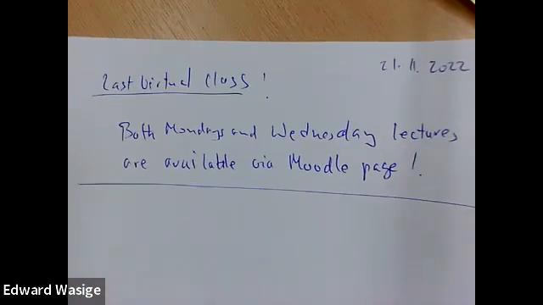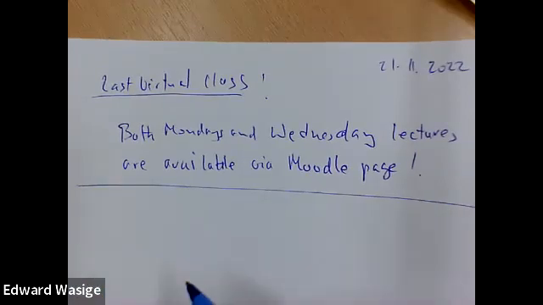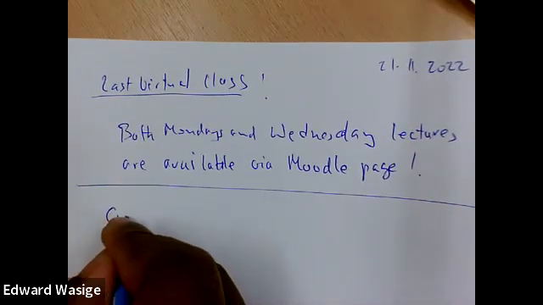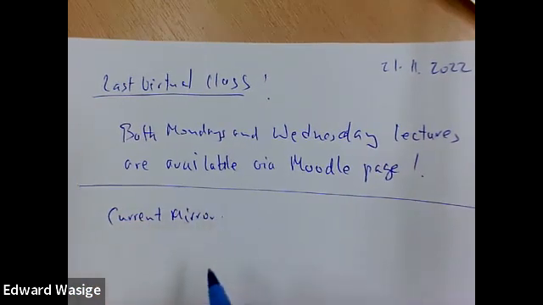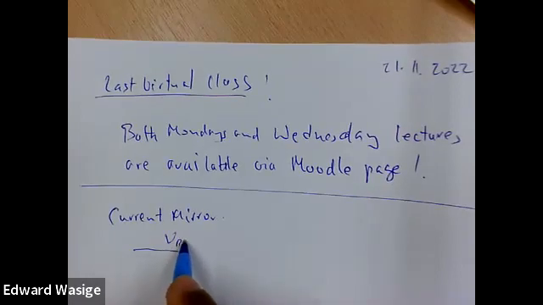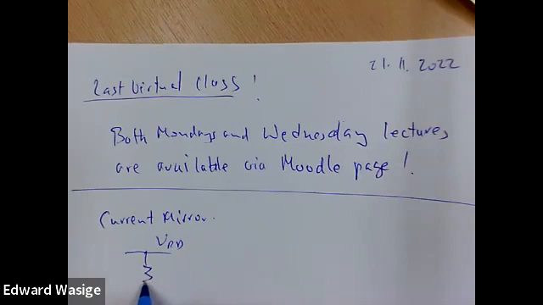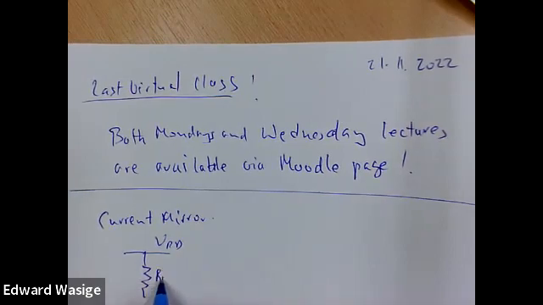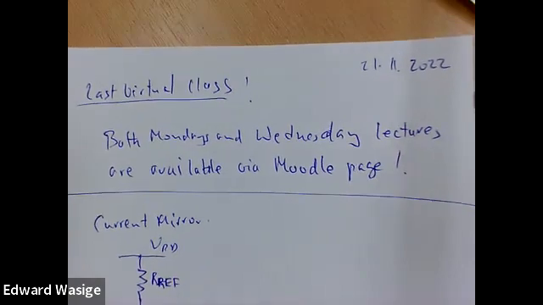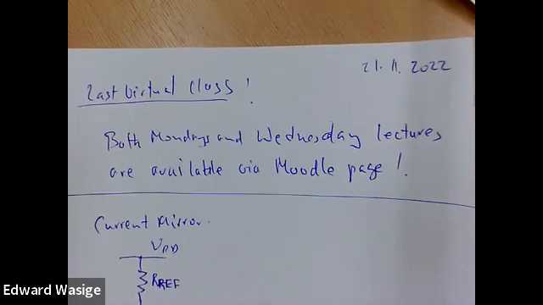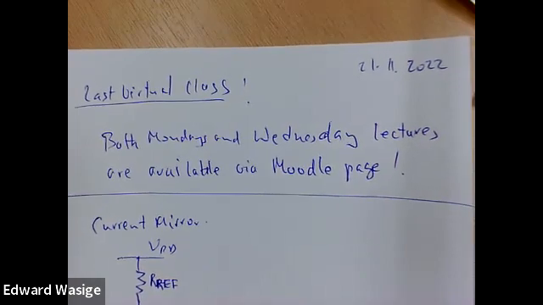So I have 1 email query, which I'll start with. It's about the current mirror. I'll draw it in a more elaborate way. It's a PMOS current mirror, an NMOS current mirror.